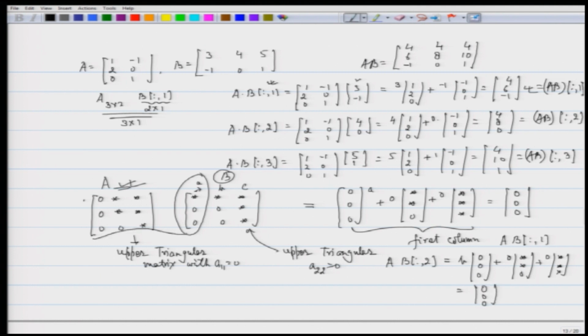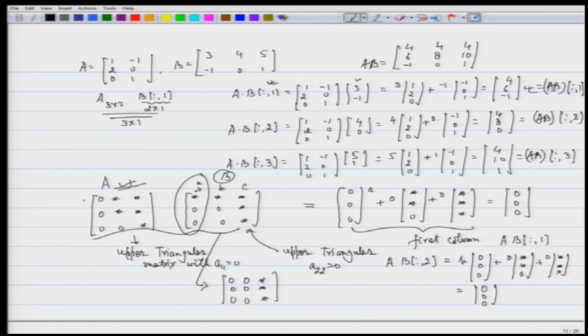So, if you multiply these two matrices, what you get here is 0 0 0 0 0 0 and something here, fine. So, this is the way sometimes it helps to understand matrix multiplication.